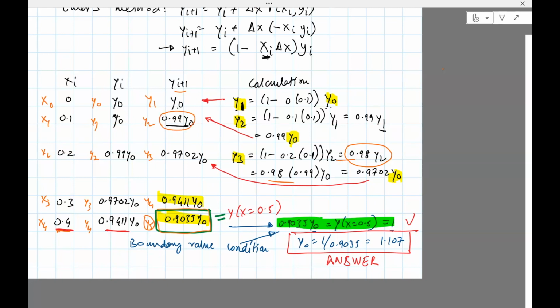So this y2 sits here. This y2 is 0.99 y0, which is substituted here. Did I delete something here? This was y2. I want everything in terms of y0. Any other question?